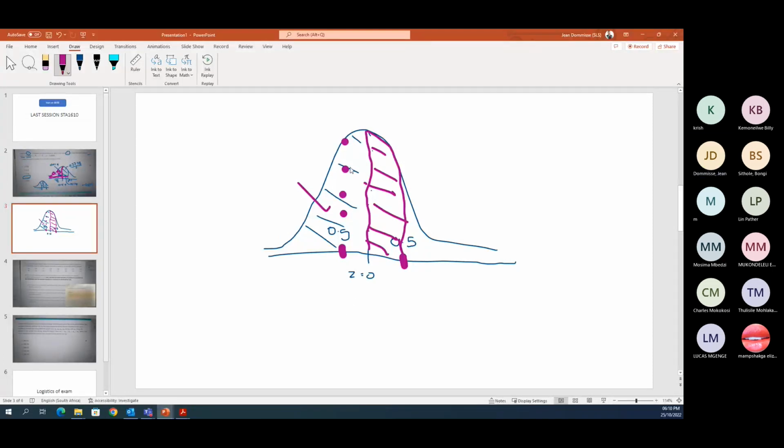So they've given us that portion and this portion. So that is why they've given us 0.2358.